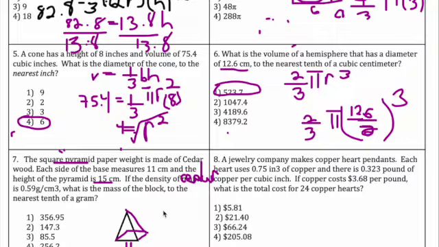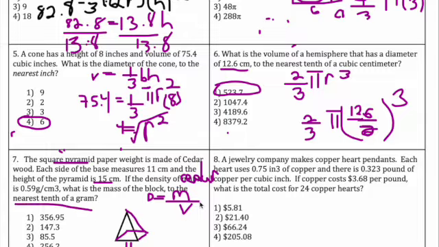And we have a height of, so the formula for density is mass over volume. Sorry, not multiplied. It's mass over volume. Okay, so we're looking for the mass.